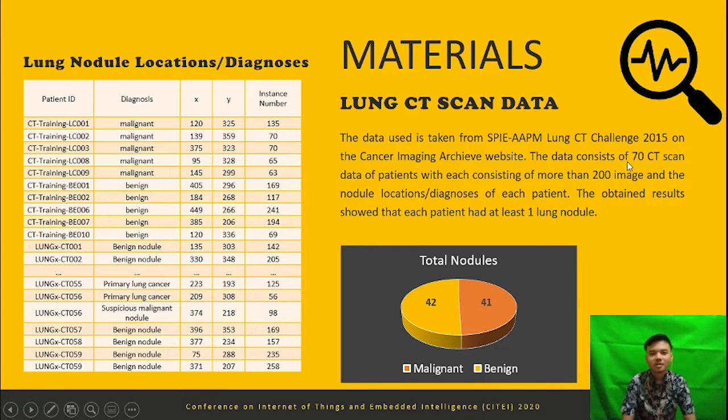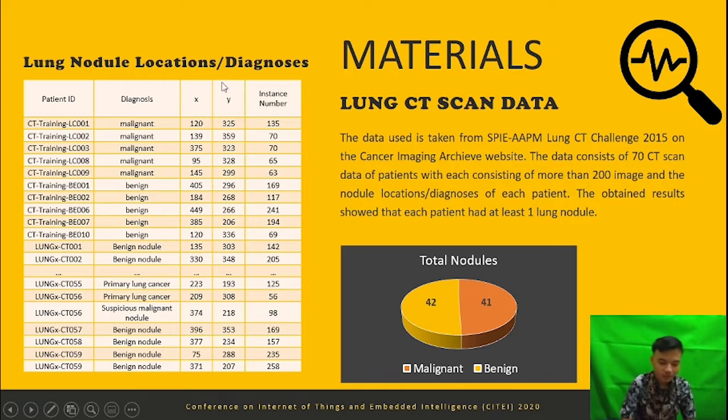The data consists of 70 CT scan patients, and each patient has at least 200 images, and there are the nodule location or diagnosis tool, and the result showed that each patient had at least 1 lung nodule.